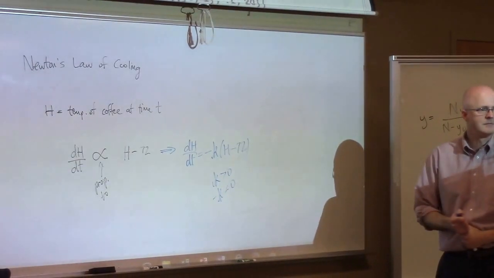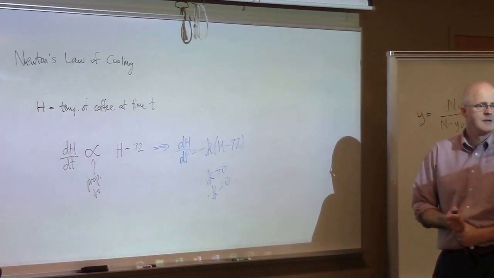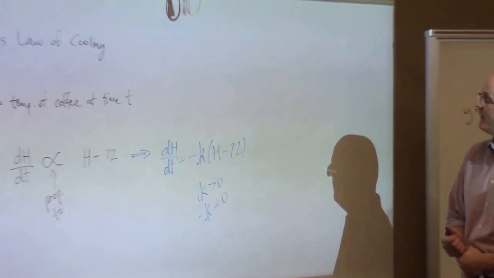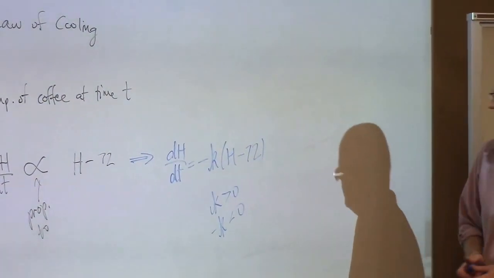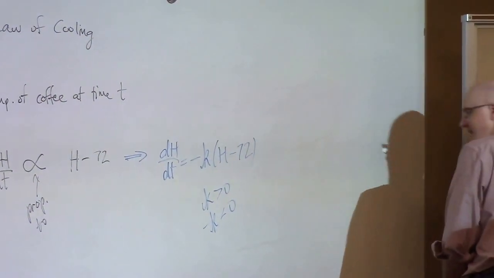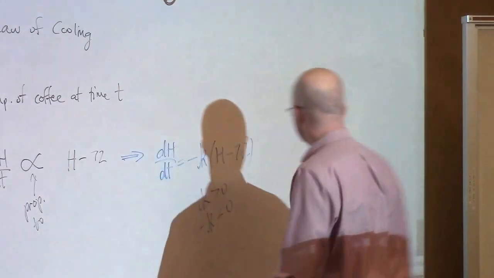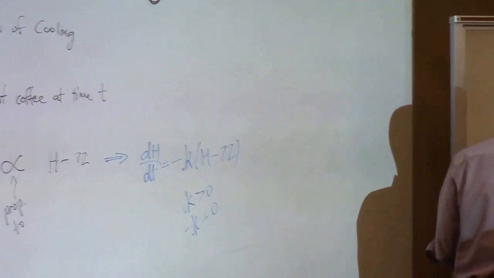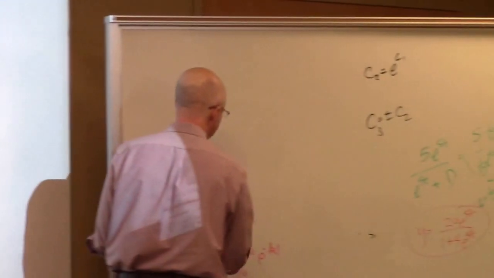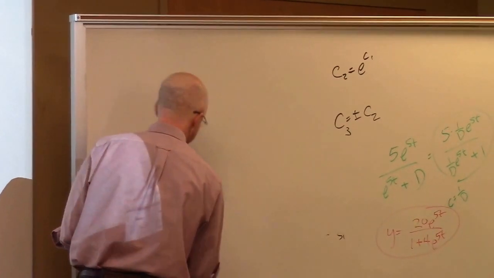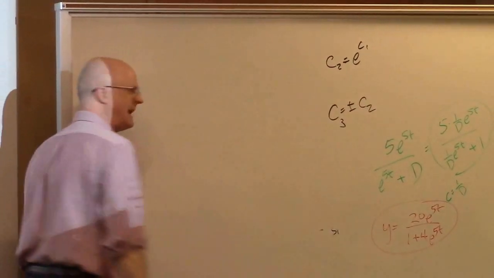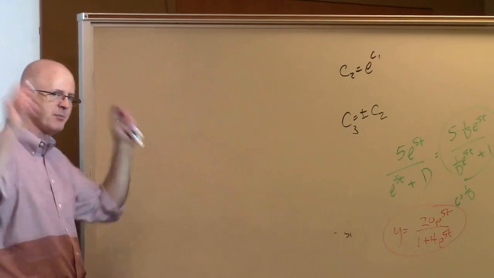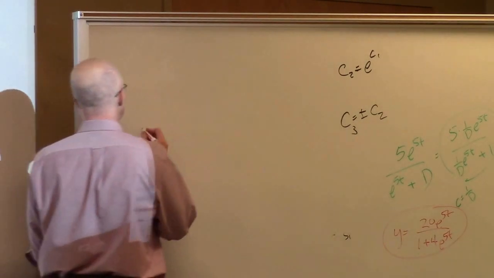There's your model. Can we solve it? Yep. Separate variables. Divide both sides by H minus 72. Keep the negative k on the right maybe. Multiply, quote unquote, both sides by dt.